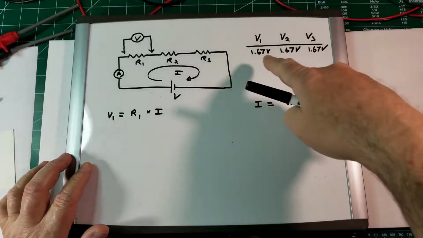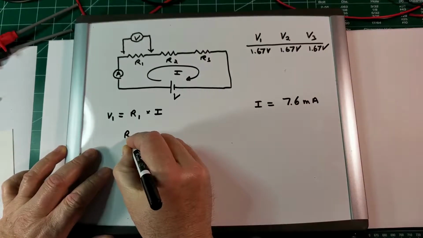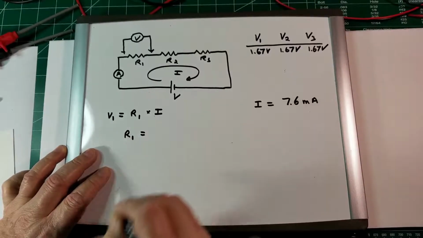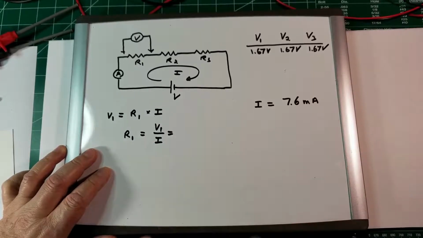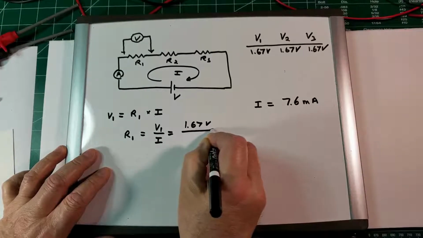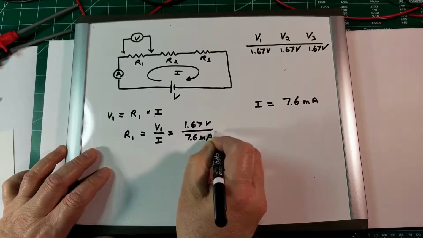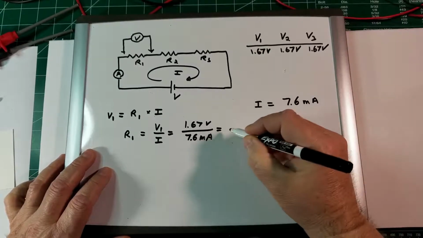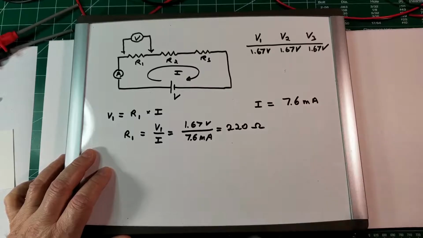In this case, we have the voltages and we have the current, so we can calculate the resistance. So for R1, the resistance is V1 over I, which is 1.67 volt divided by 7.6 milliamps. And this, if you use your calculator, is about 220.